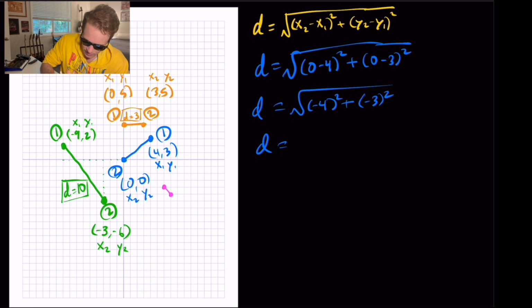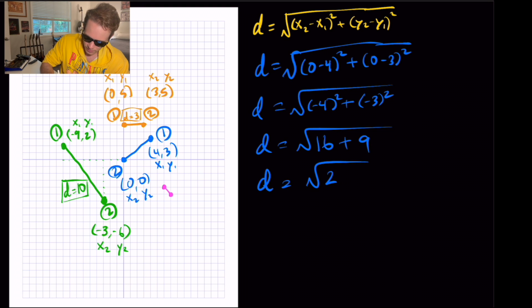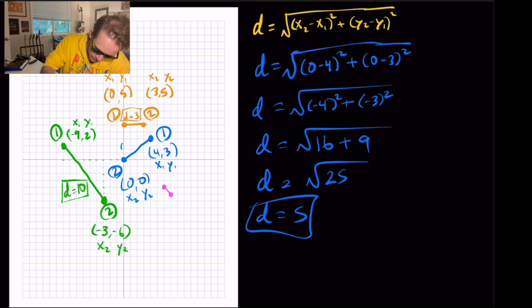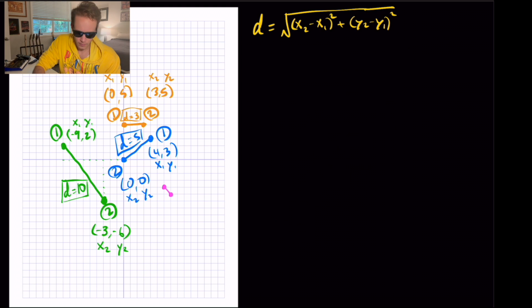So distance is equal to 16 plus 9. 16 plus 9 is 25. Square root of 25 is 5. So the distance between those two blue points is equal to 5.